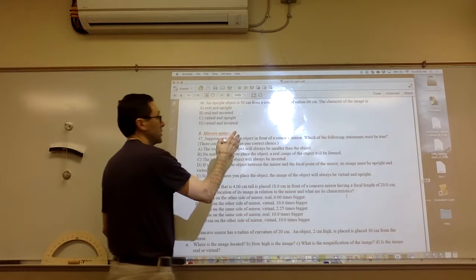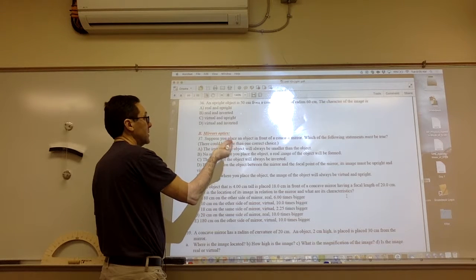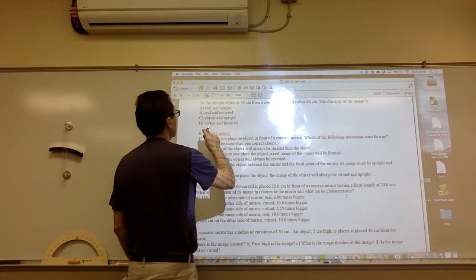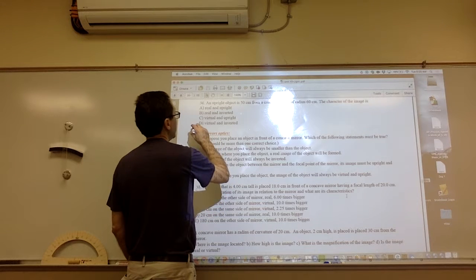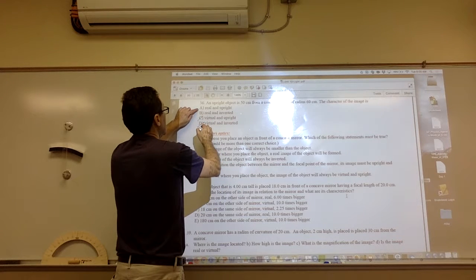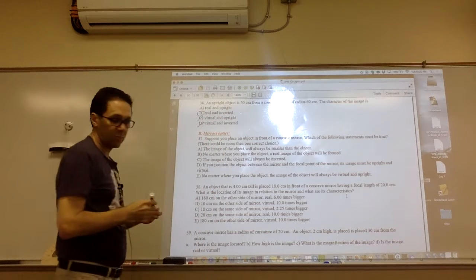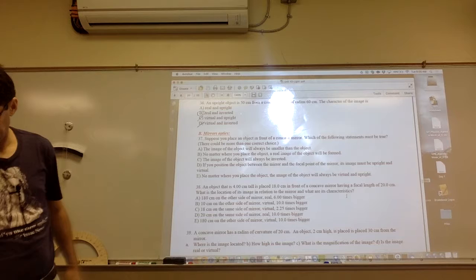If you remember the drawings, it's going to be larger than the object, and it's going to be flipped, which means real. So these two are out, real and inverted, because real cannot be upright. So 36 should be B.